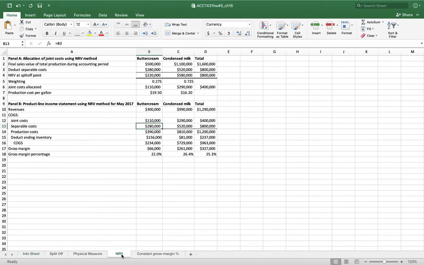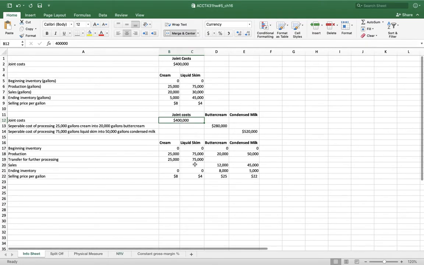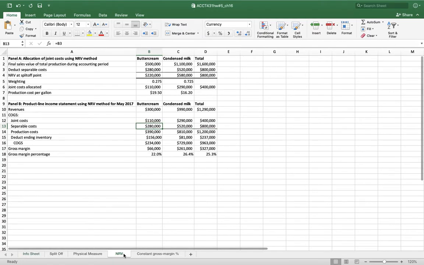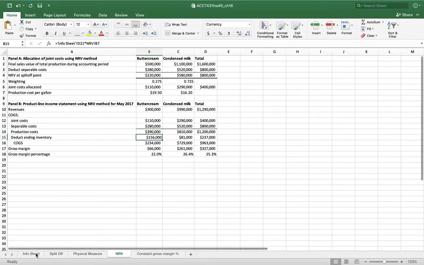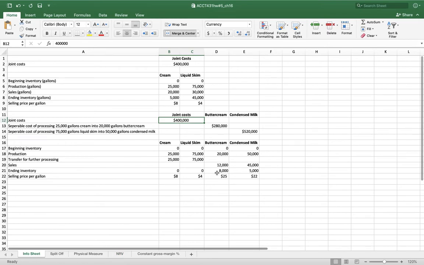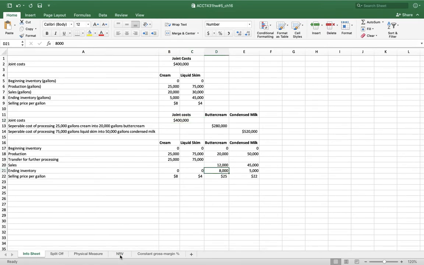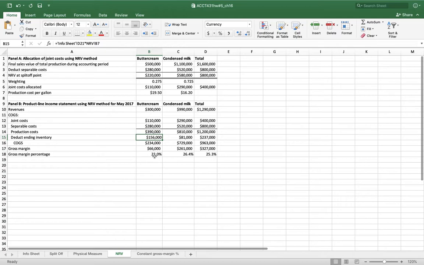Separable costs were given on the info sheet over here. The production costs are the sum of the joint costs and the separable costs. The ending inventory, deduct ending inventory here, is the ending inventory from the info sheet, right here, 8,000, times the production cost per gallon, which is 1950.